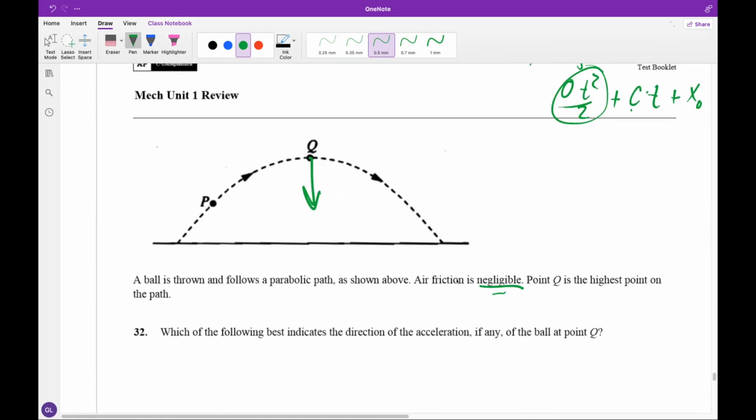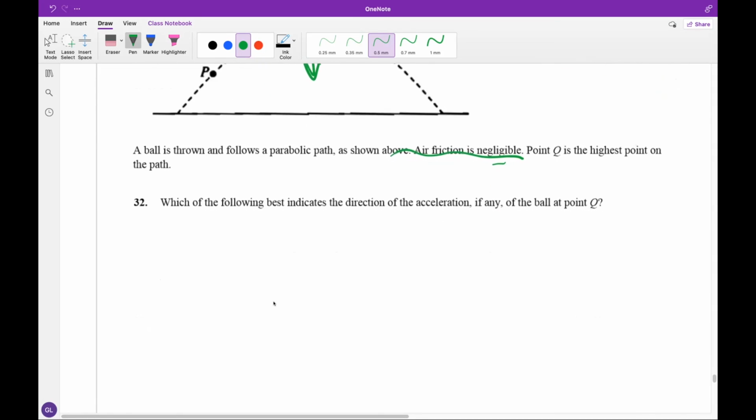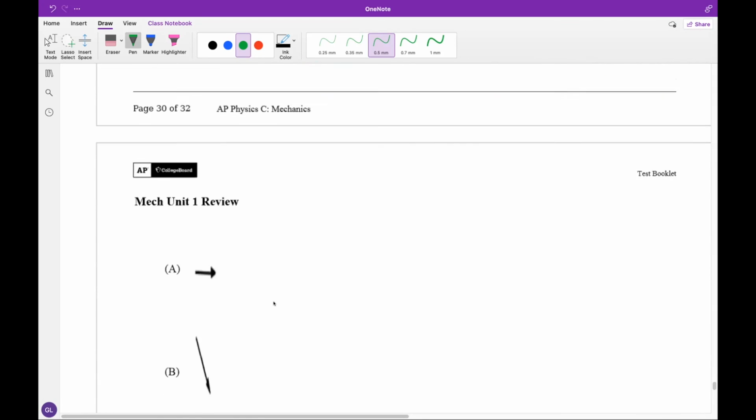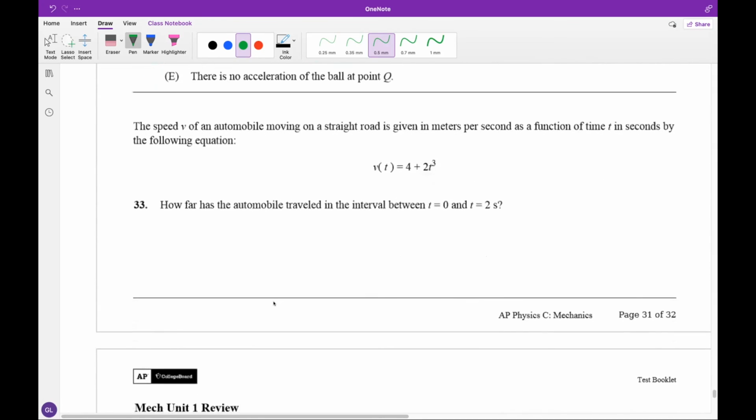But yeah, air friction is negligible. If air resistance was not negligible, we would have an acceleration in the x direction from the air. And so then the acceleration at this point would be something like this. I'll keep that in mind for a test question later.